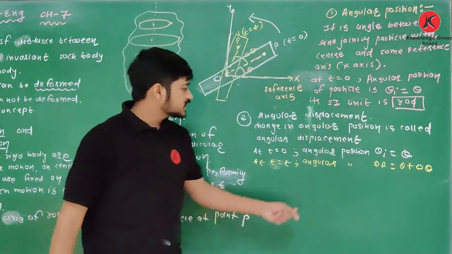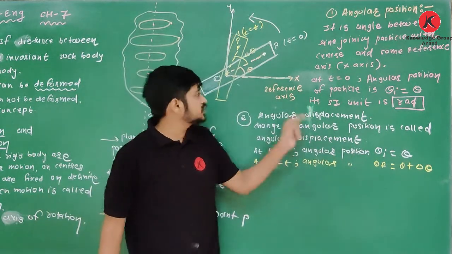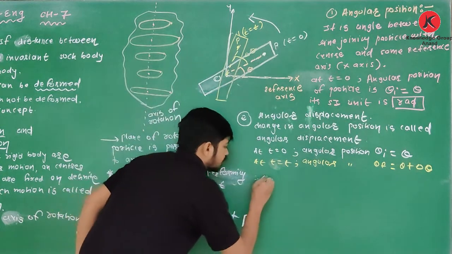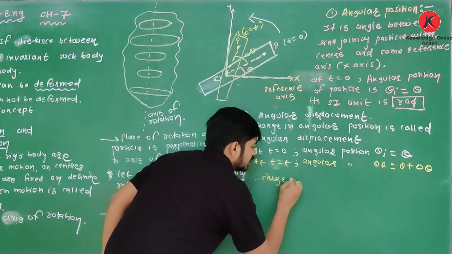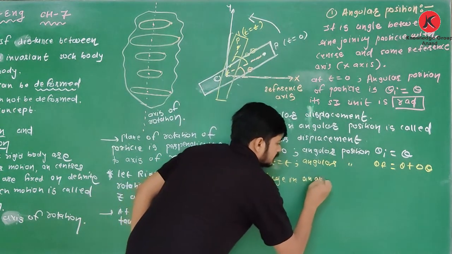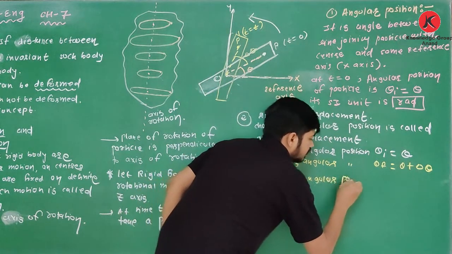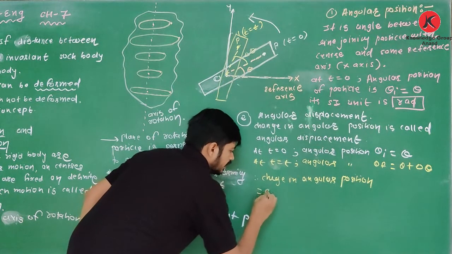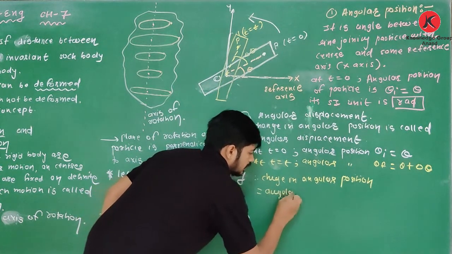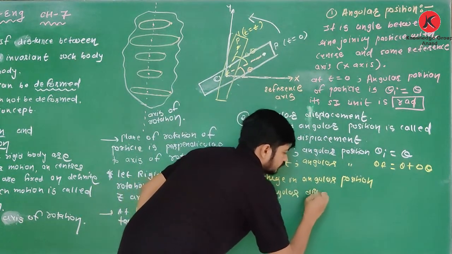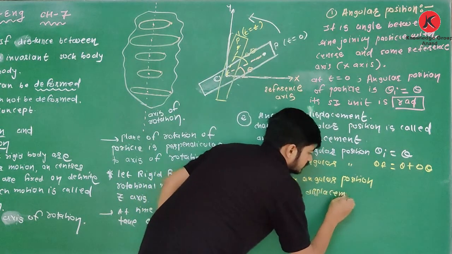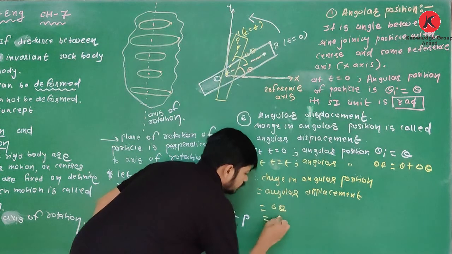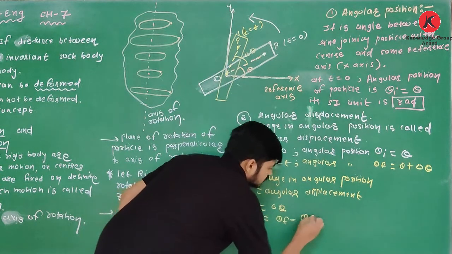So see, there is a change in angle, delta theta. Therefore, the change in angular position, the angular displacement, is equal to delta theta, which is equal to theta final minus theta initial.